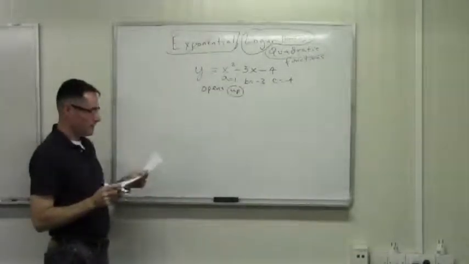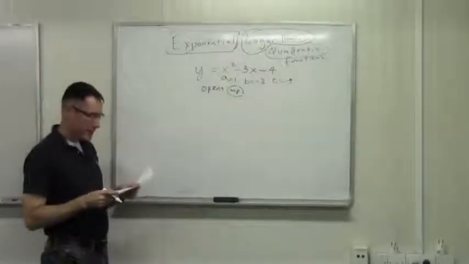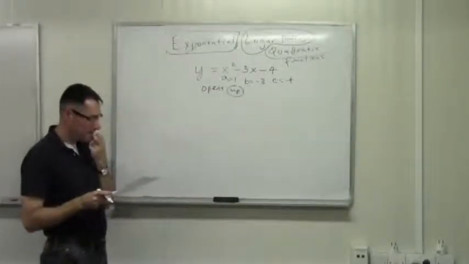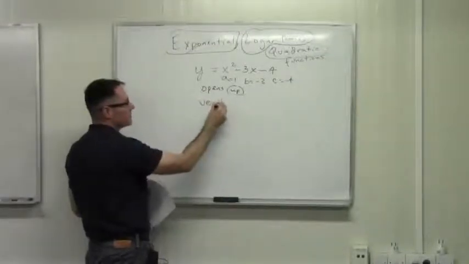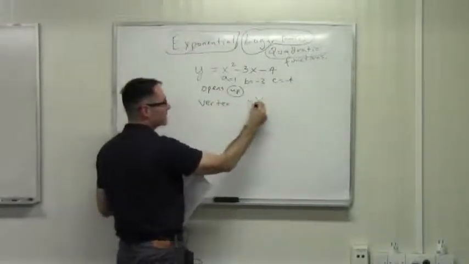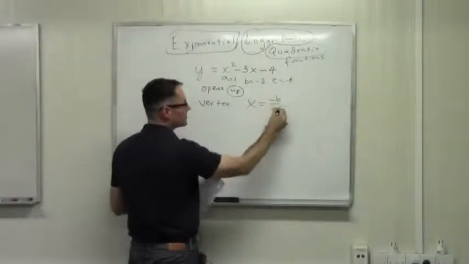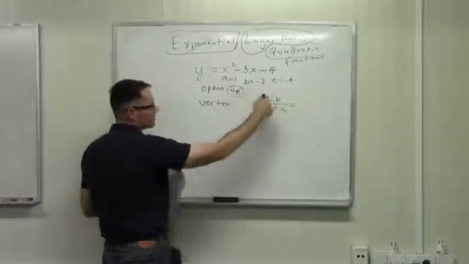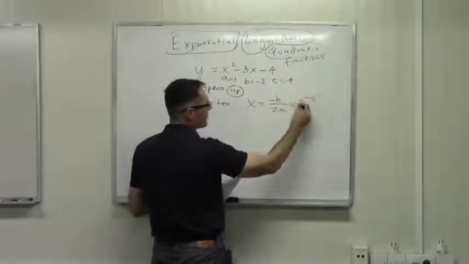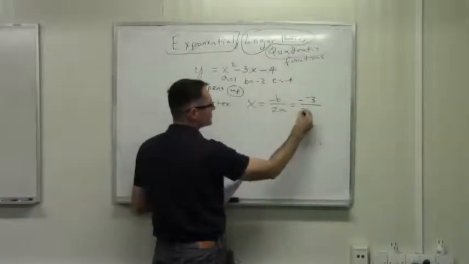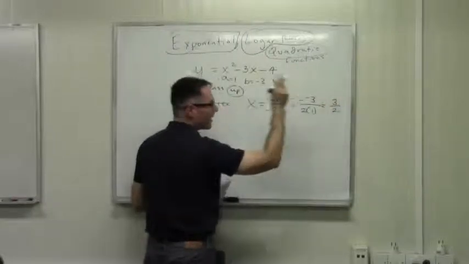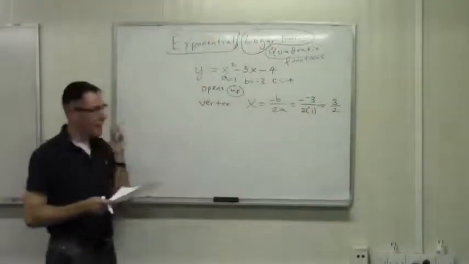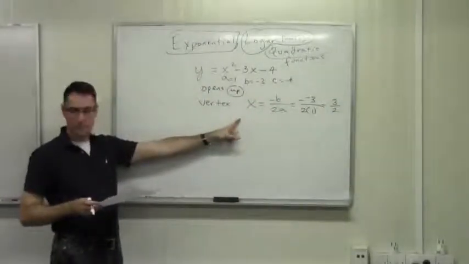Okay. All right, we want to find the vertex. If we want to find the vertex, we can say x equals negative b over 2a. Well, we know what these are now. Negative negative 3 divided by 2 times 1 gives you 3 halves. That's the x-coordinate for the vertex.